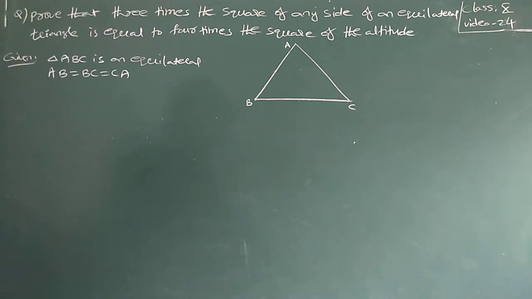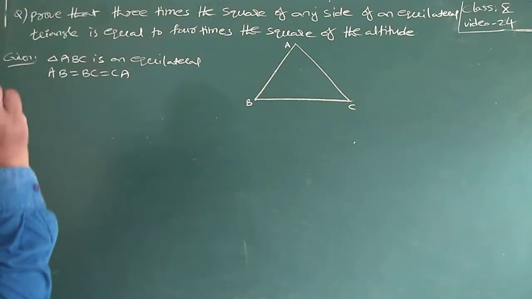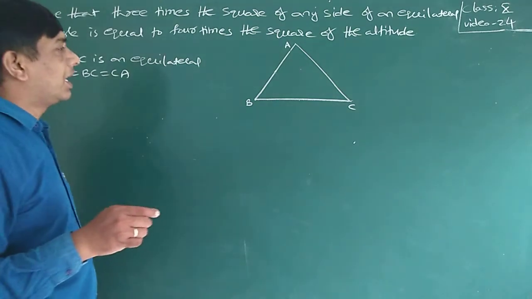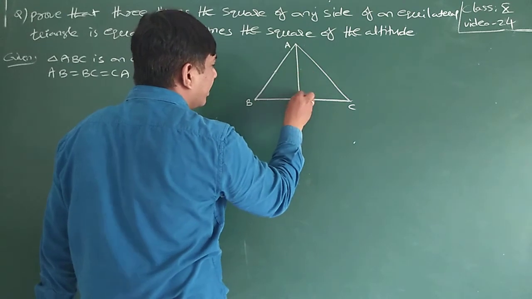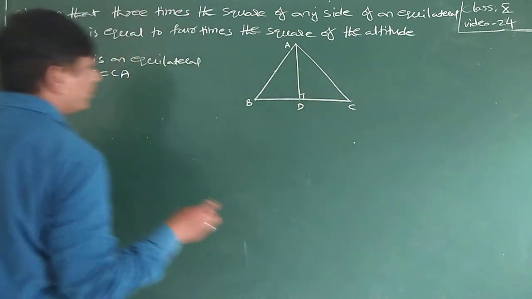Now prove that 3 times the square of any side of an equilateral triangle is equal to 4 times the square of the altitude. I need the altitude, so I draw AD perpendicular to BC.